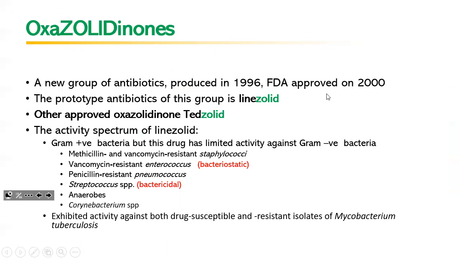Linezolid is known to be one of the gram-positive agents. If we're going to ask you to name 3 agents that are purely gram-positive agents, we have linezolid, it's one of them. Yes, vancomycin.